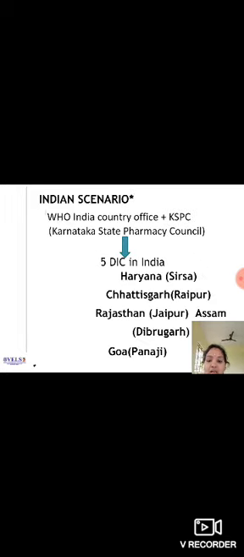In the US, 80% of hospitals have a drug information center. In the Indian scenario, WHO India country office and KSPC, that is the Karnataka State Pharmacy Council. We have 5 DICs in India: the first one in Haryana, then Chhattisgarh, Rajasthan, Assam and Goa.